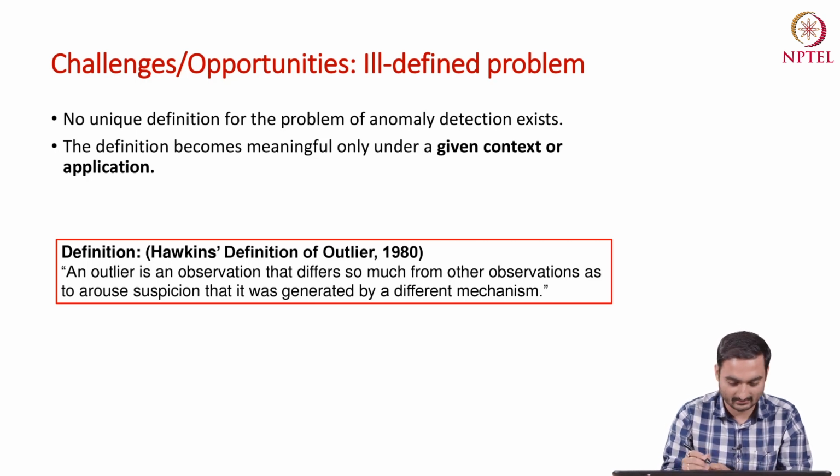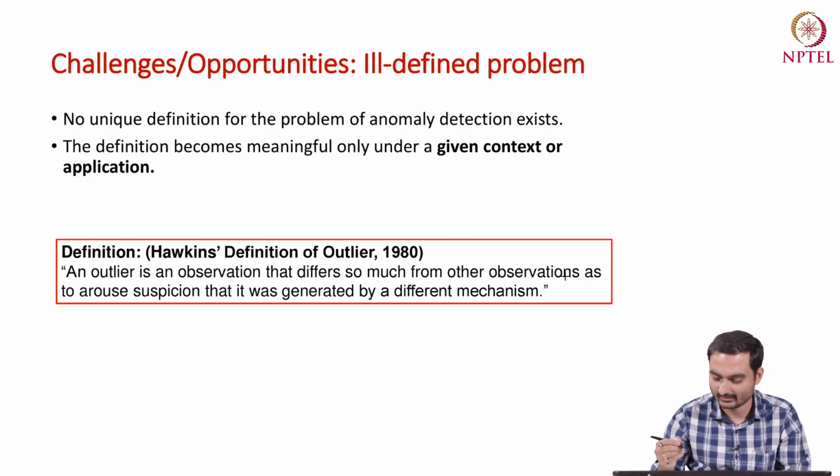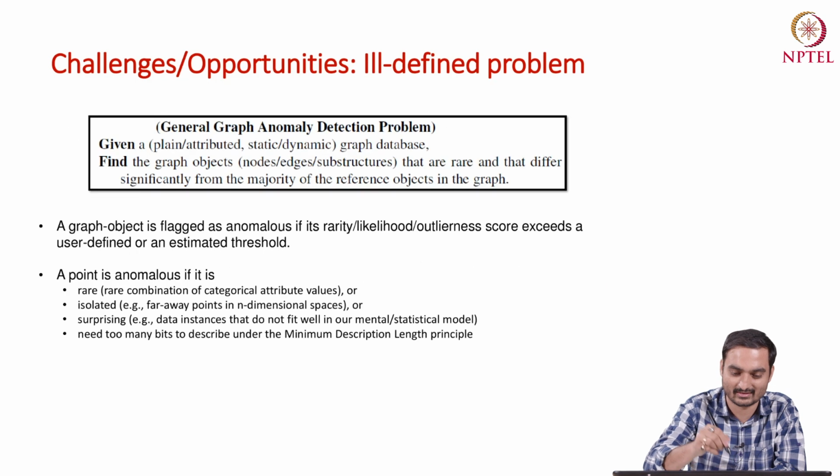Now, let us look at Hawkins' definition of outlier, which was proposed in 1980. It basically says that an outlier is an observation that differs so much from the other observations as to arouse suspicion that it was generated by a different mechanism. The definition is a little complicated, but do not worry, we will try to make it simple.